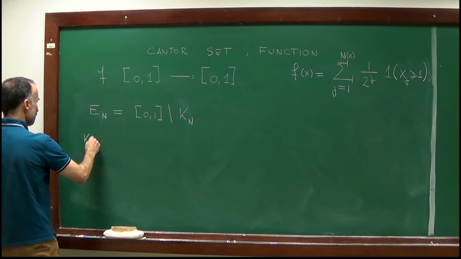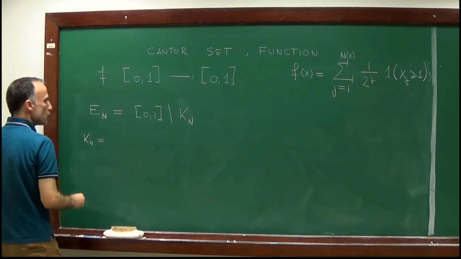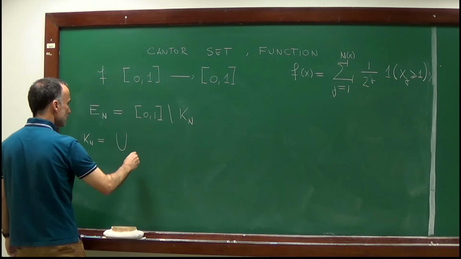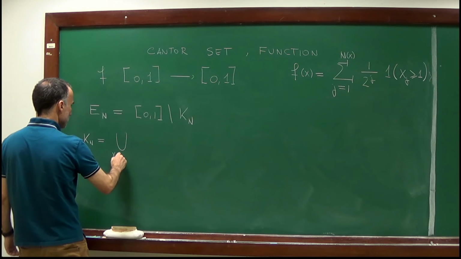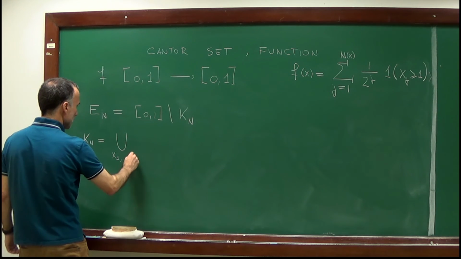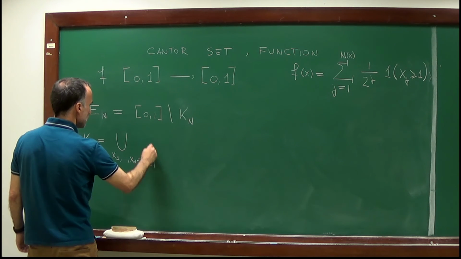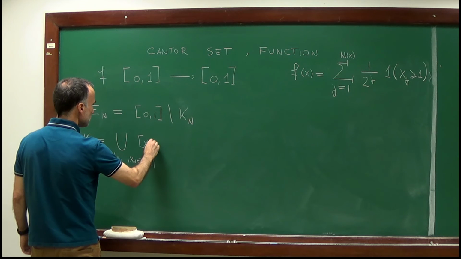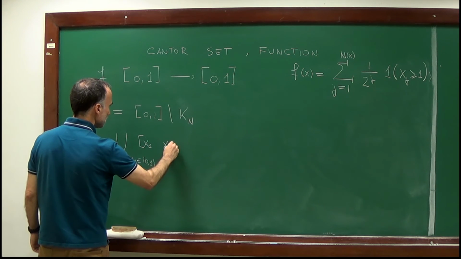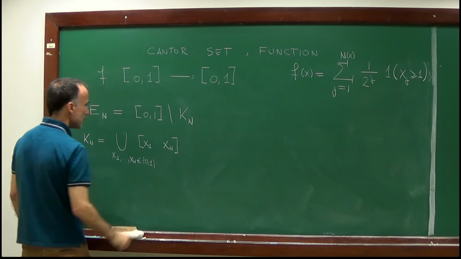K_n were the union of the intervals I(a_1, ..., a_n) in 0, 1. Right?